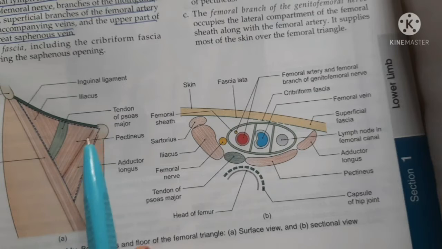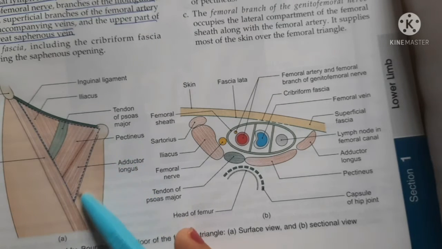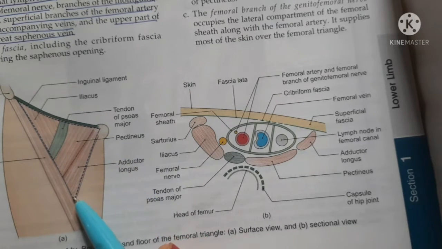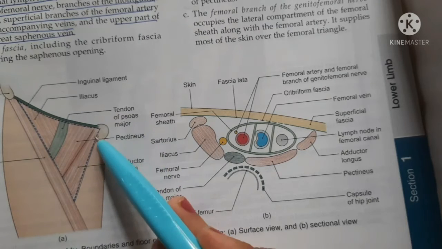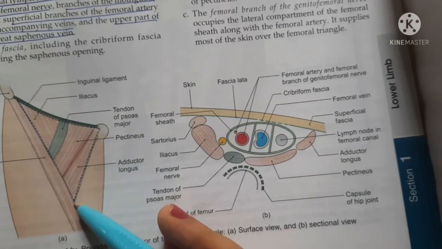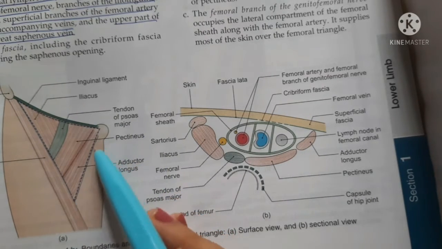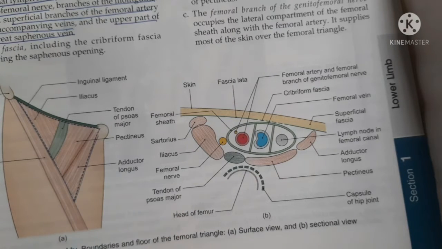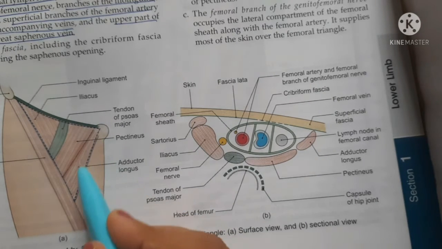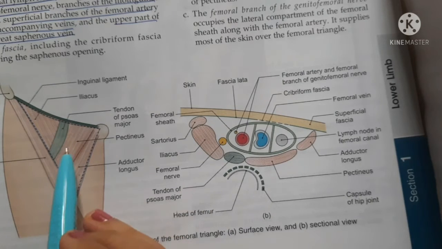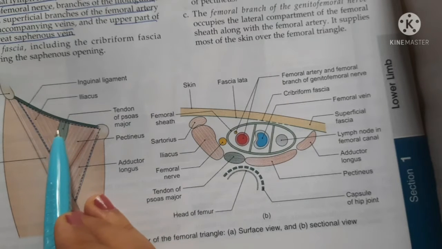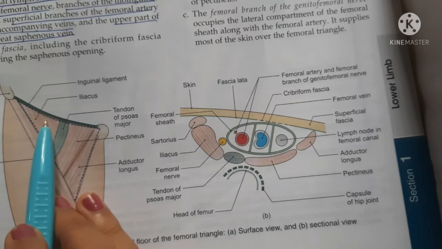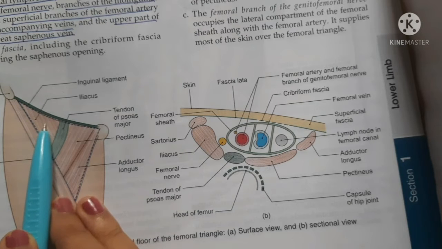And the medial boundary of the femoral triangle is the medial border of the adductor longus muscle. This one is the adductor longus muscle. This one is the pectineus muscle, tendon of psoas major muscle, and this is the iliacus muscle.